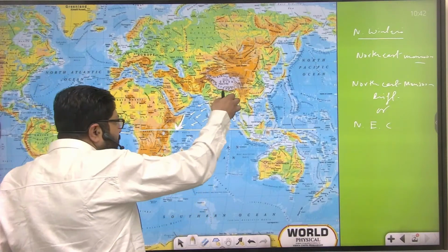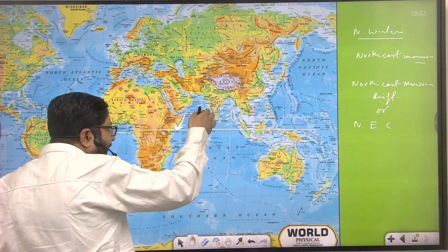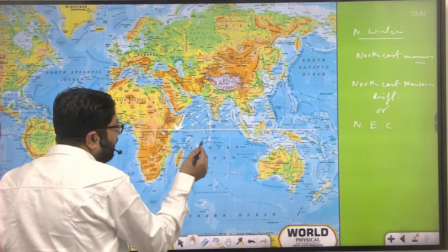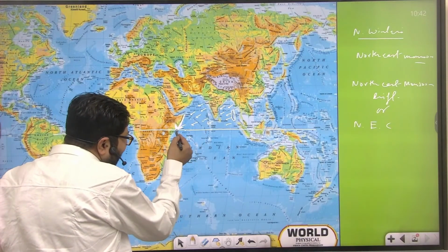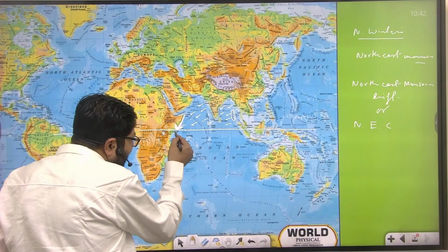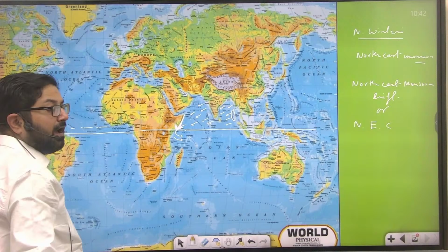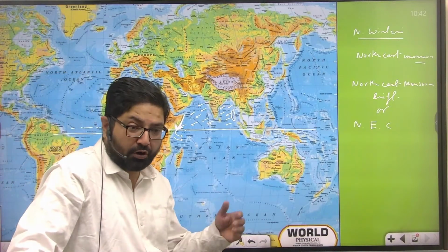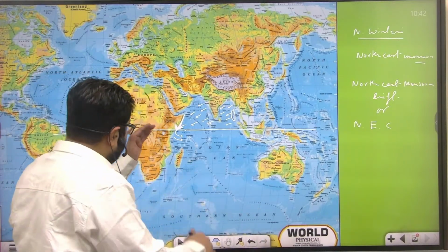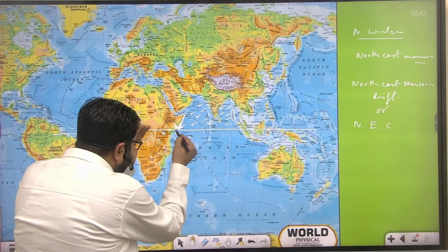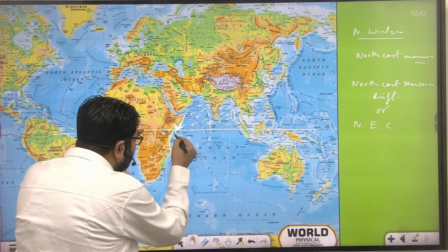Now, this north equatorial current, after reaching equator and crossing equator, turns towards its left in accordance to Coriolis force, and the coast of Africa also aids in this.